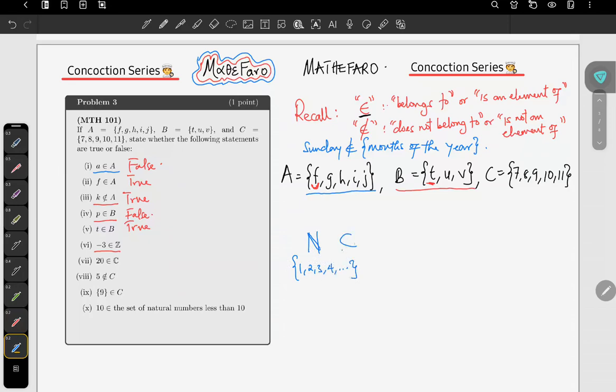And these sets are contained in the set of integers, which consists of both positive whole numbers, negative whole numbers, and 0. So this is 0, plus or minus 1, plus or minus 2, and so on.